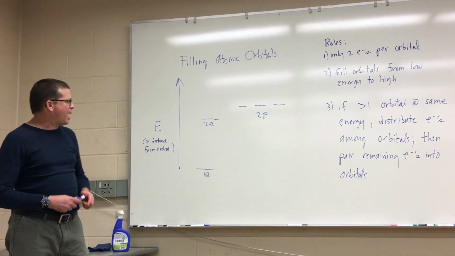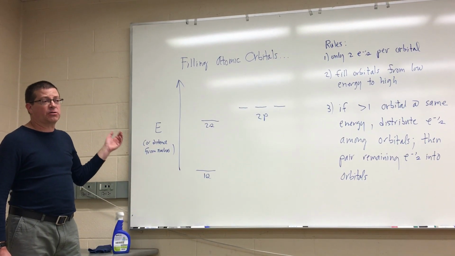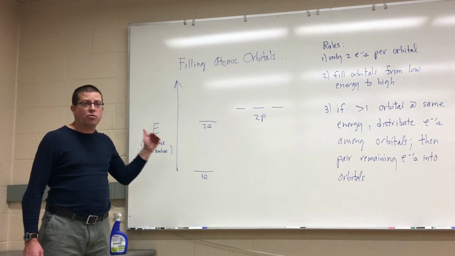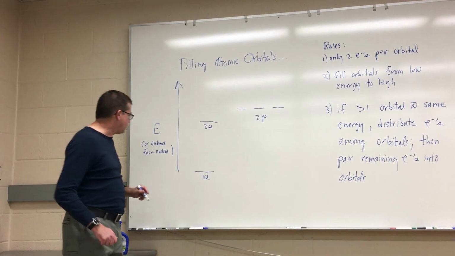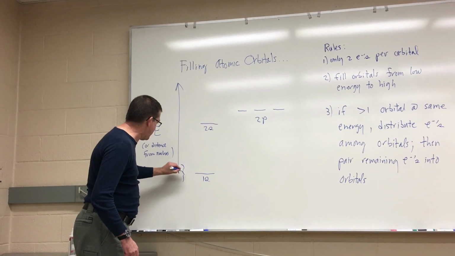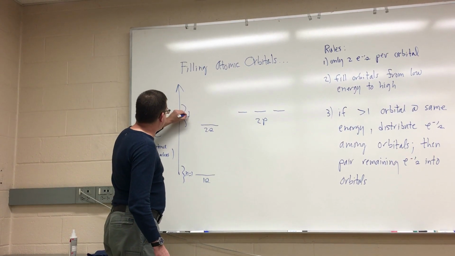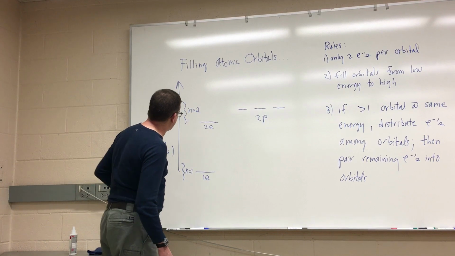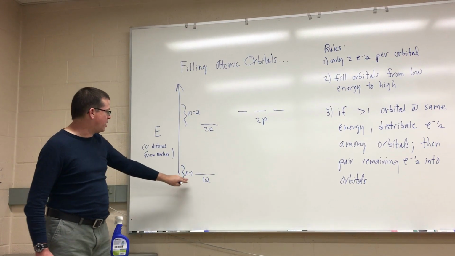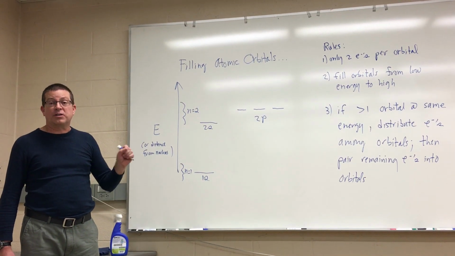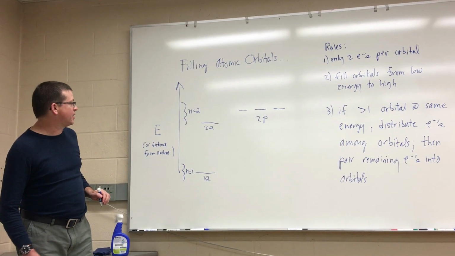Alright, so I'm going to begin this and limit the discussion for today to just two principal energy levels. Okay, so we can see here that we have the n equals 1 energy level, and over here I have the n equals 2 principal energy level. These correspond to the n equals 1 and n equals 2 principal quantum numbers that we talked about in class.